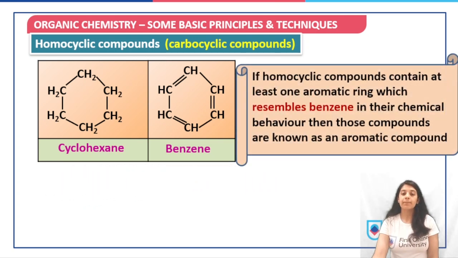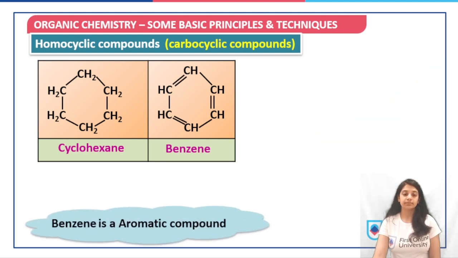If homocyclic compounds contain at least one aromatic ring that resembles benzene in their chemical behavior, then we will call these compounds as aromatic compounds.